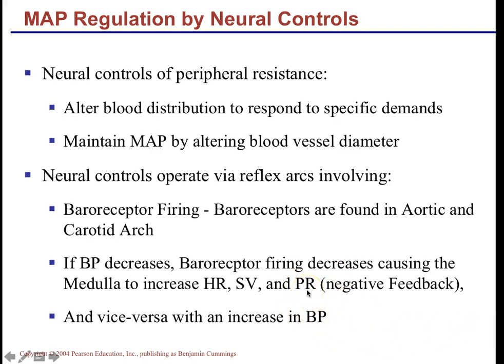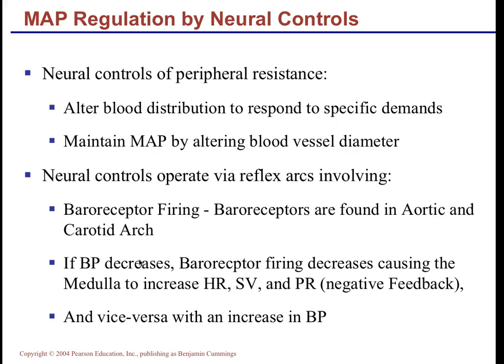If the opposite happens, if the blood pressure increases, the baroreceptor firing is going to increase. It tells the medulla that it wants to do the opposite. It wants to decrease heart rate, decrease stroke volume, decrease peripheral resistance to get you back to homeostatic normal. So it just does the opposite. To decrease heart rate and stroke volume, that's going to be the job of the parasympathetic vagus nerves and the pacemaker.